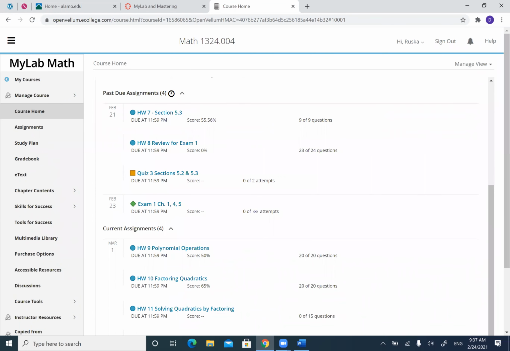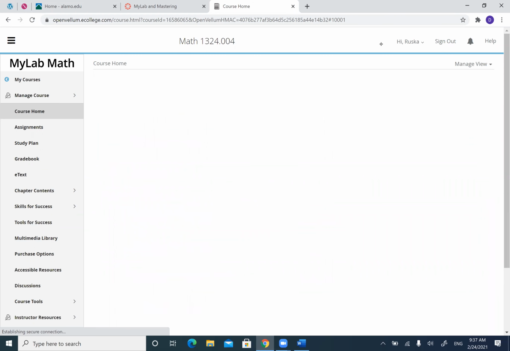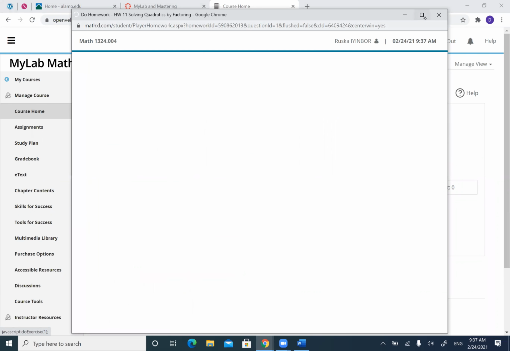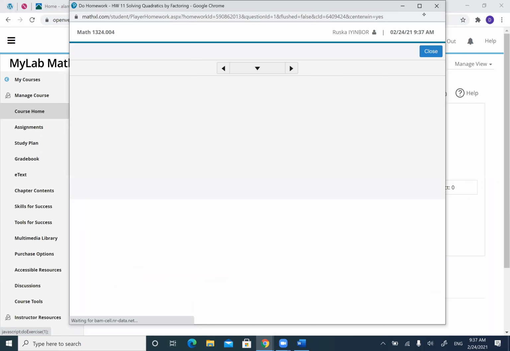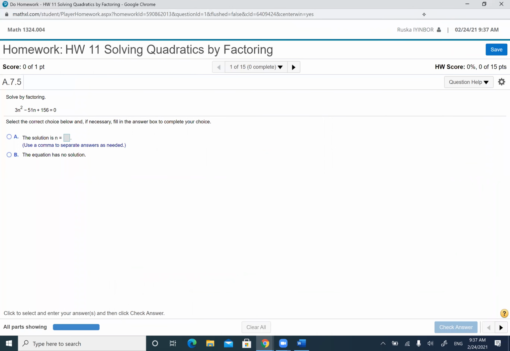And we're going to go to homework 11. So homework 11, it's about solving by factoring. Okay, so solving by factoring, this is how you do it. You're going to have an equation. So you're going to factor first, and then you're going to solve each of the factors equals 0.